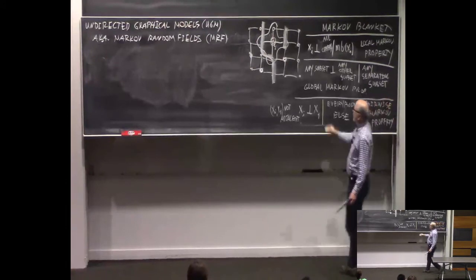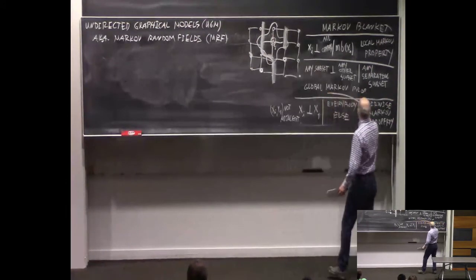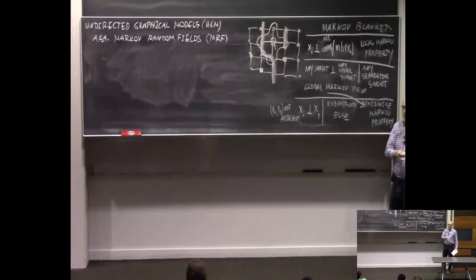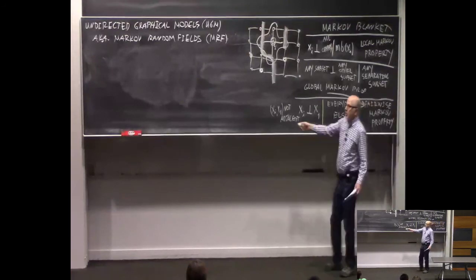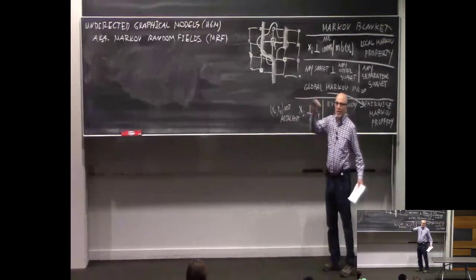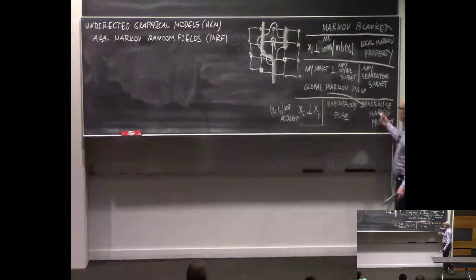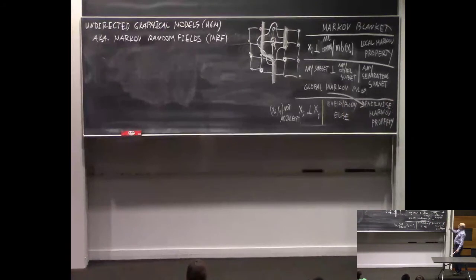It's very easy to see that the global property implies the pairwise property. If any separating barrier causes independence, then when these two are not adjacent and you fix everything, you create a separation barrier. It's also easy to see how the pairwise property implies the local property.